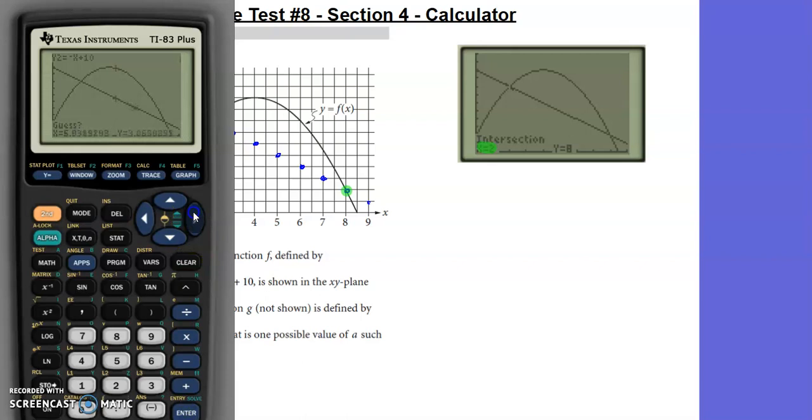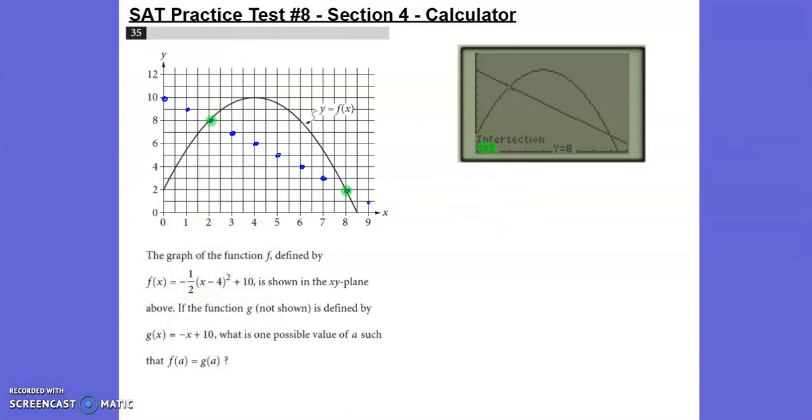Now, I want to make sure I find this lower right-hand intersection, so I'm definitely going to arrow over close. I don't have to be right on top of it, but as long as you're much closer to that intersection than the first one, you see the other answer that you have the option of giving would be the x value of 8. So either 2 or 8 would be the values that you could answer with here.